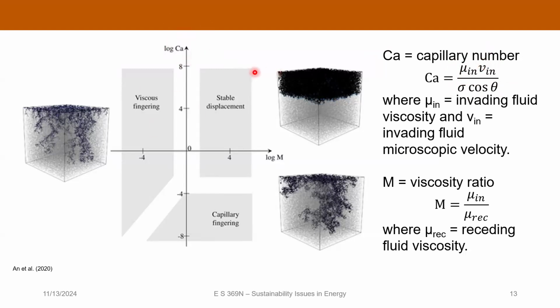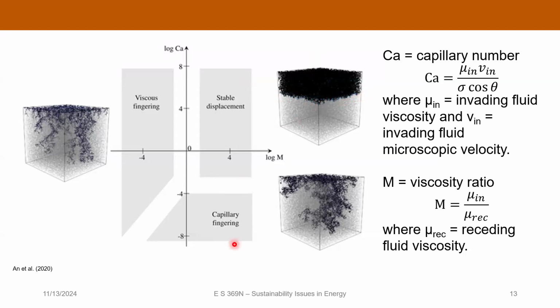And depending on where you fall on this diagram, you can have either stable displacement, which would look something like this. If you're injecting from the top here, you've got a nice well-defined injection front, and you're using up pretty much all of the pore space. So it's very efficient pore space utilization.